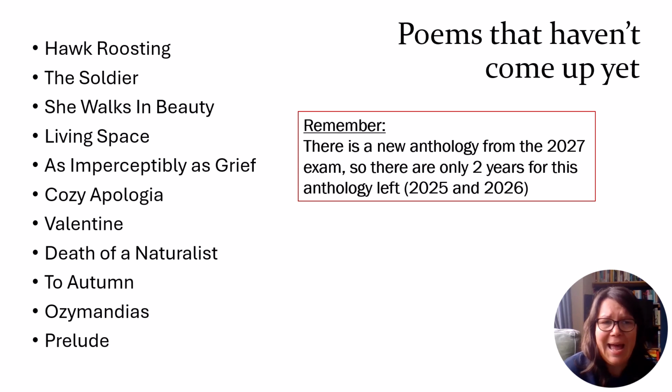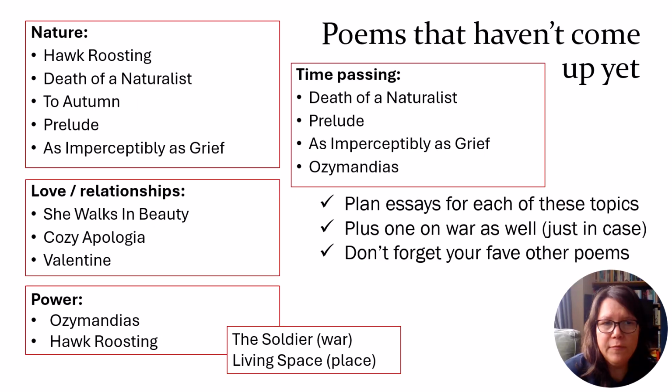The poems that haven't yet come up are these ones that are now on the screen, and I think we can rule out some of them as the ones that could be chosen for the named poem, but I'm just going to divide them up for you into some of the topic areas that might come up.